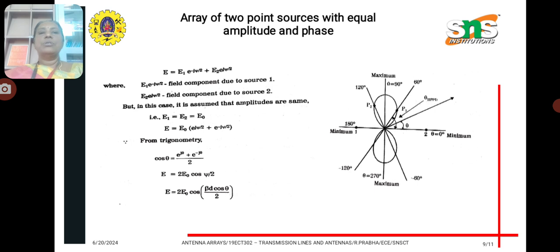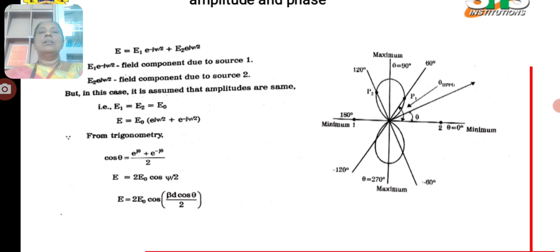Now the total electric field calculation is the sum of the fields radiated by the individual antennas. The first antenna radiation is E1 e power minus j psi, and the other antenna is E2 e power j psi. Now we take both antennas as having equal fields, so E1 and E2 are taken as E0.